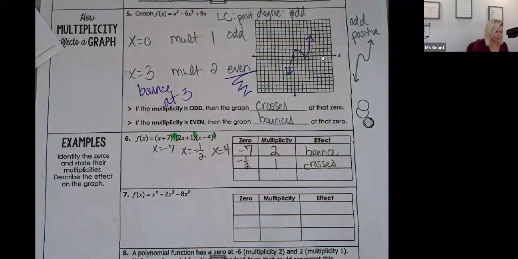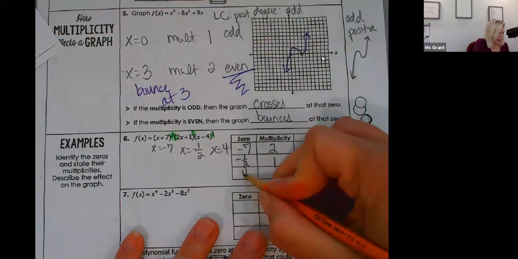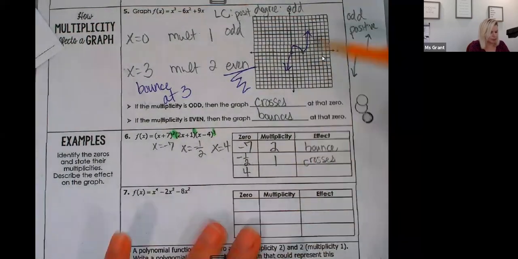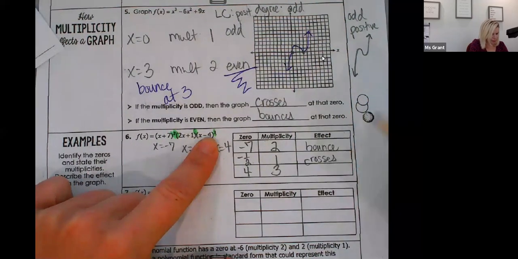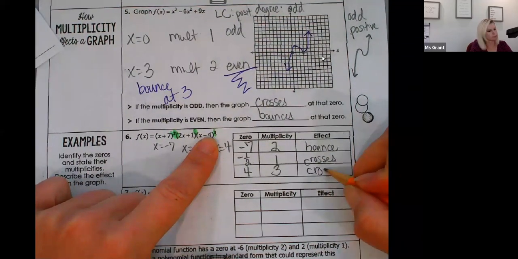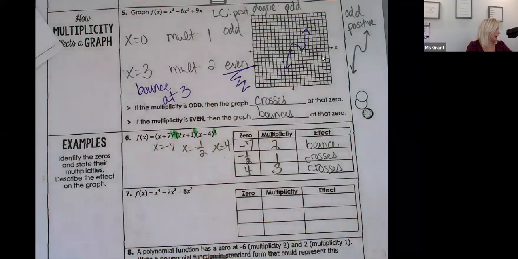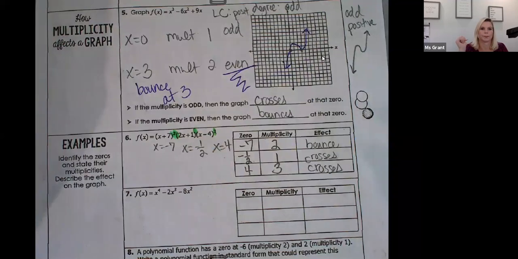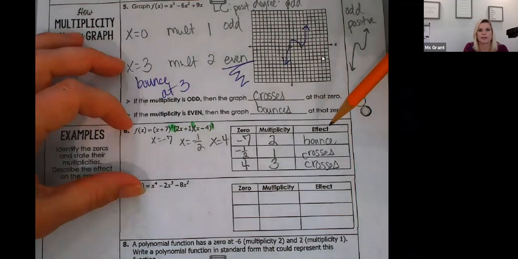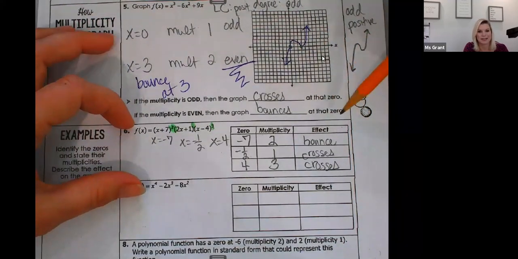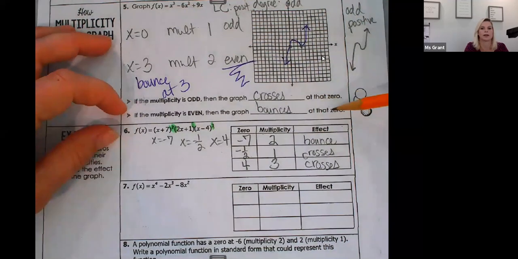When my 0 is at 4, I have a multiplicity of cubed 3. That's odd. It crosses. I lose track of time, you guys. So this is not anything new. You're looking at the parentheses, you're looking at the exponent, and you're saying whether it crosses or bounces based on up here, odd or even.